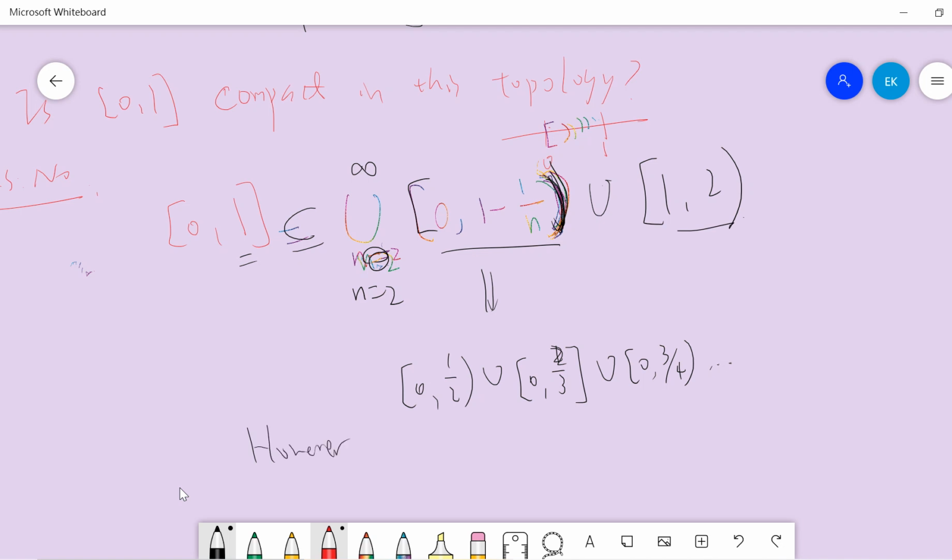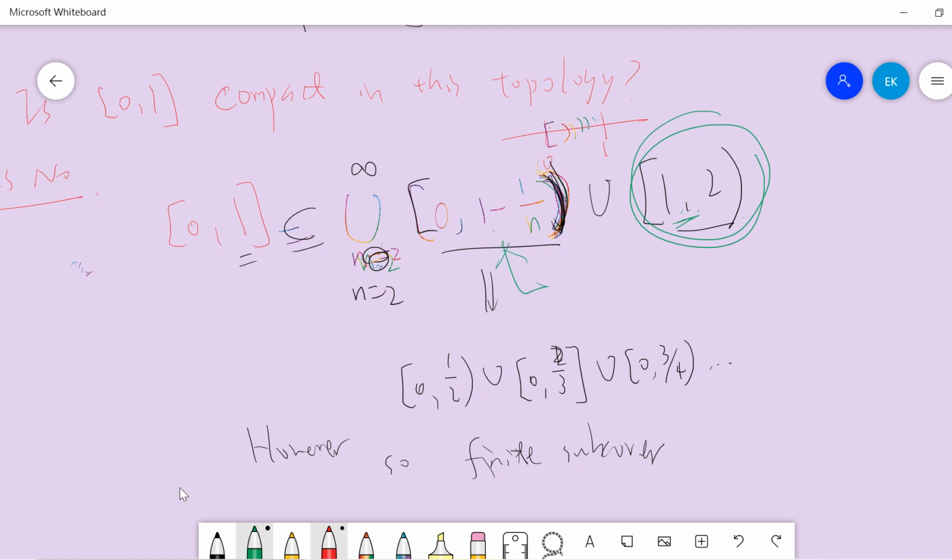However, there is no finite subcover. To get a finite subcover, I must take the set that contains 1, but these are [0, 1 minus 1/n).